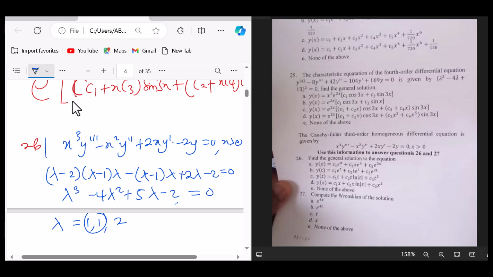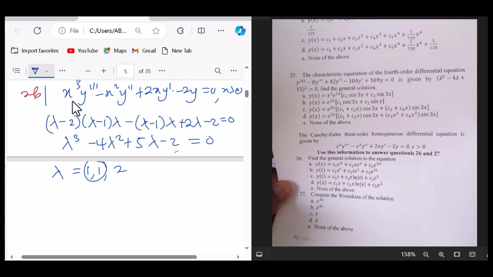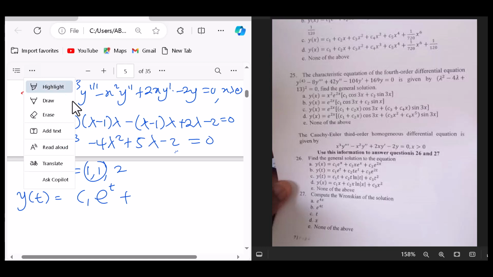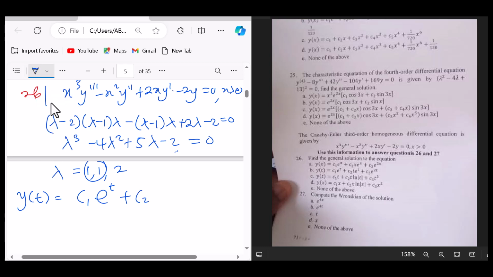Because of that, writing our solution in a Cauchy-Euler form, we have y of t equals c1 e power t plus c2 t e power t plus c3 e power 2t, like this.